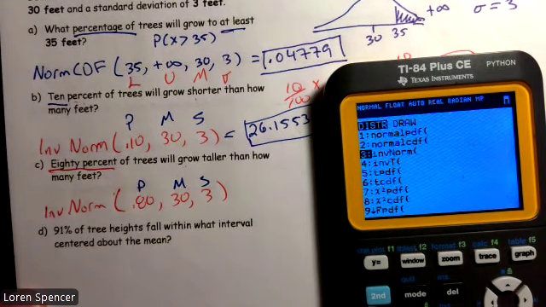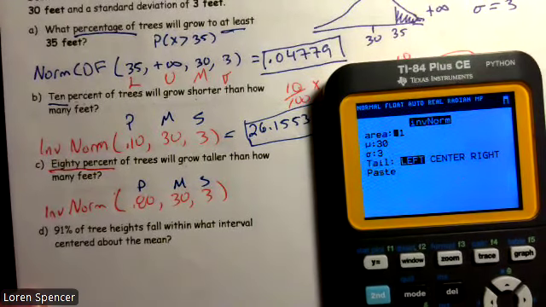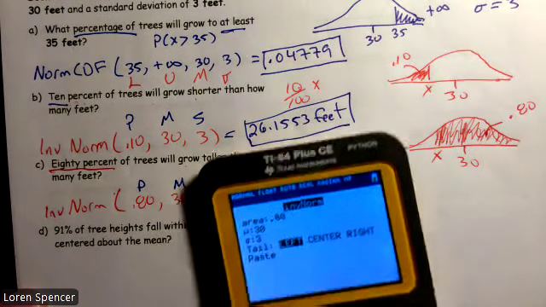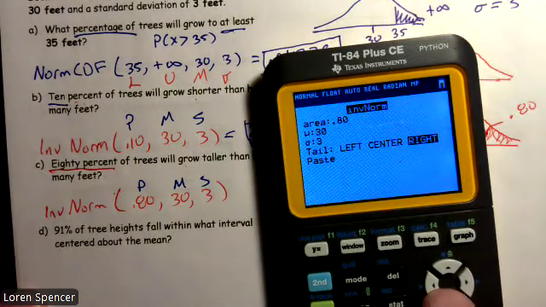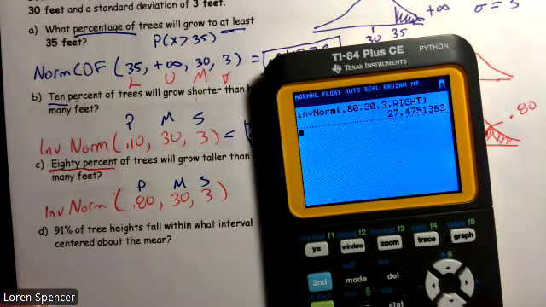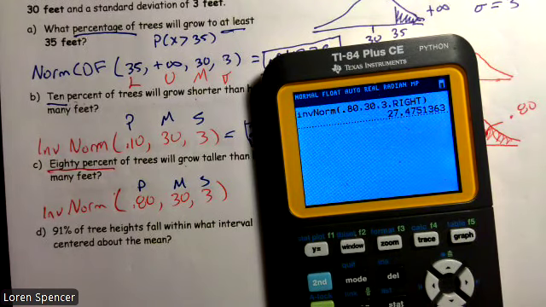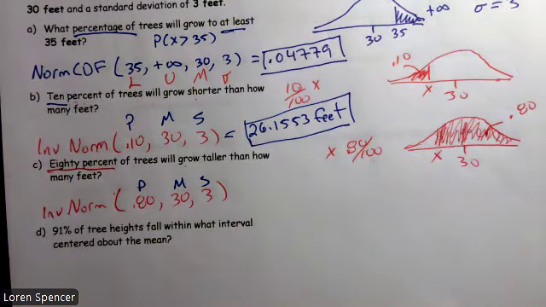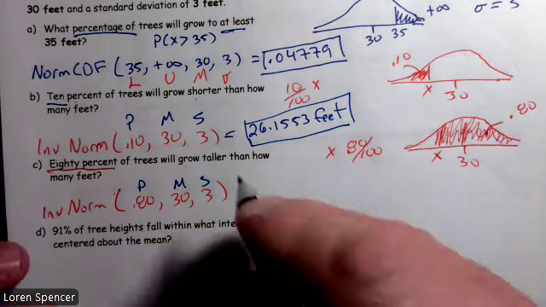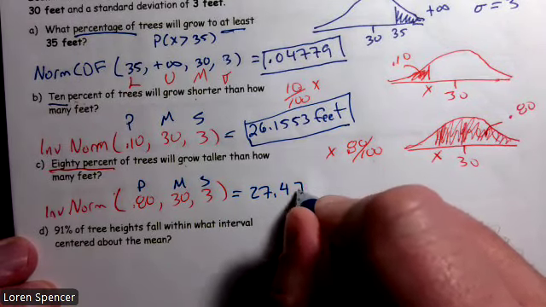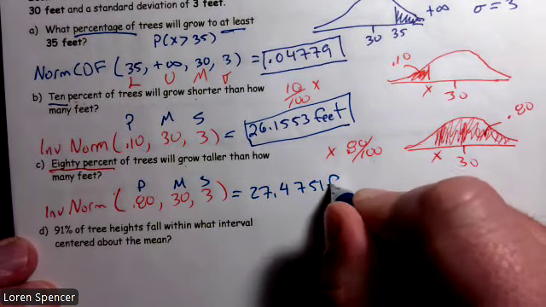Second vars, inverse norm, area 0.80, mean of 30, standard deviation is 3. Now notice we shaded from the right. Always check to see which way you're shading from. That's why that picture is so important. And we end up with 27.4751 feet.